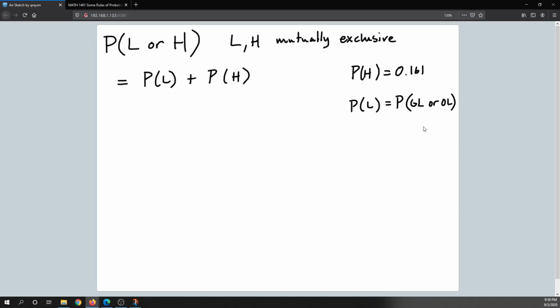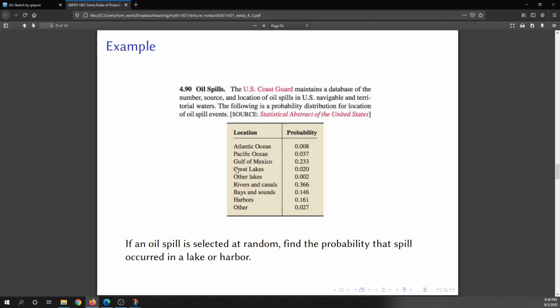All right, so the thing then you have to ask yourself is, are these two events mutually exclusive? Can you have an oil spill that occurred in a Great Lake and at the same time occurred in some other lake? And the answer is no, you can't, right? Because of the way this is organized, the Great Lakes are counted here, and every other lake besides the Great Lakes, even though it's not super explicit, but that's what it implies, is here.